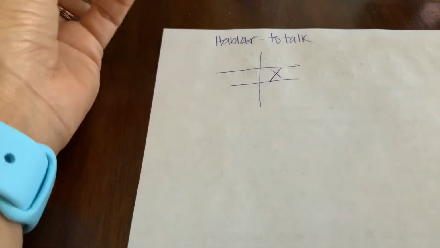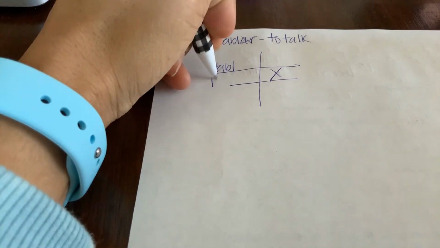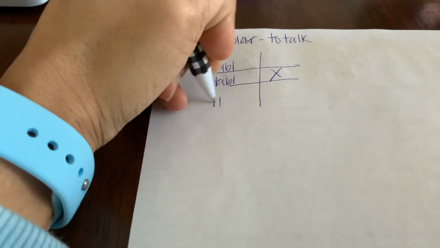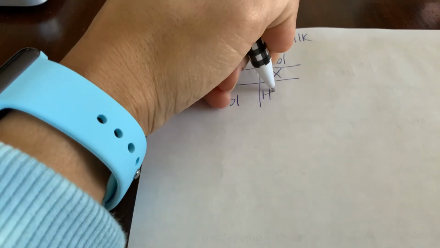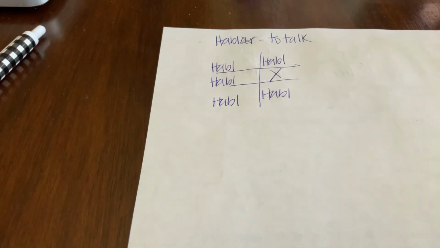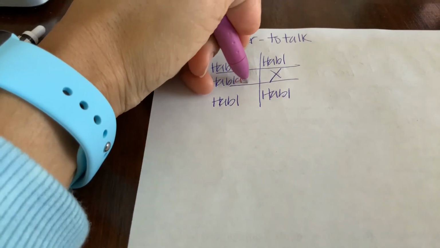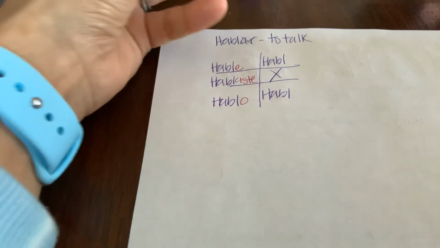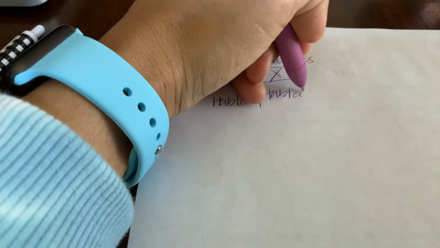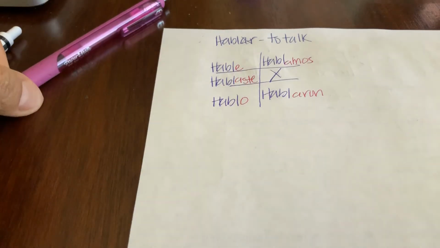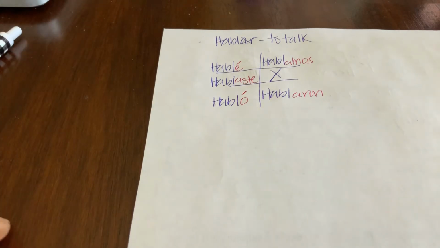We take off this AR, and now we're left with our stem of habl. Go ahead and write that in. Now we're going to take those new endings that I just gave you. Hablé, hablaste, habló, hablamos, hablaron. Not going to forget, though, that we have to come back and put those accents.